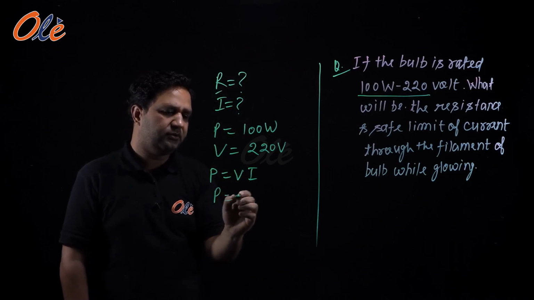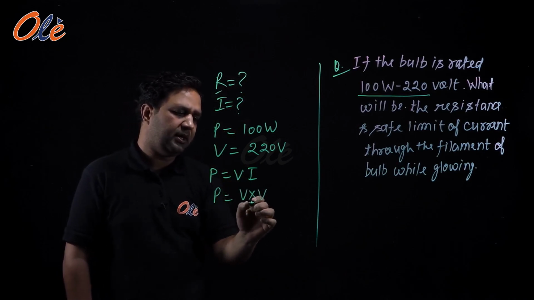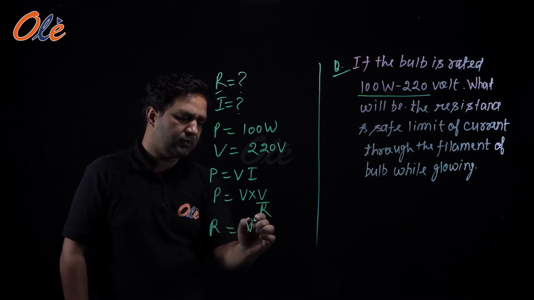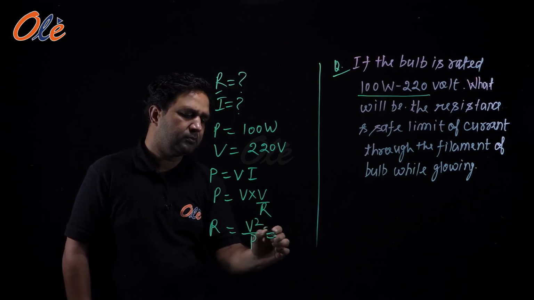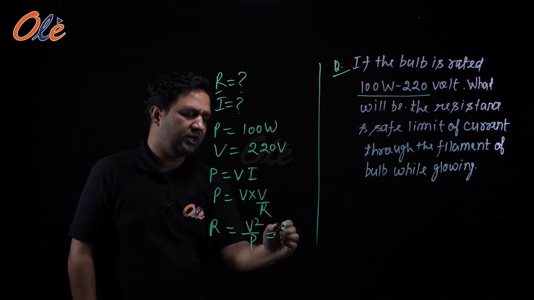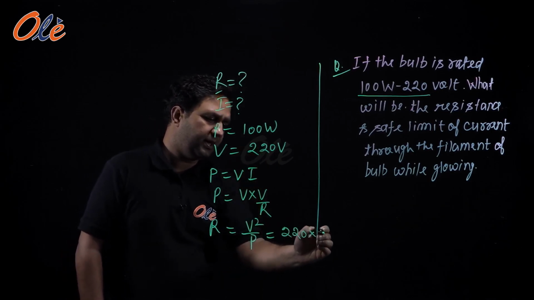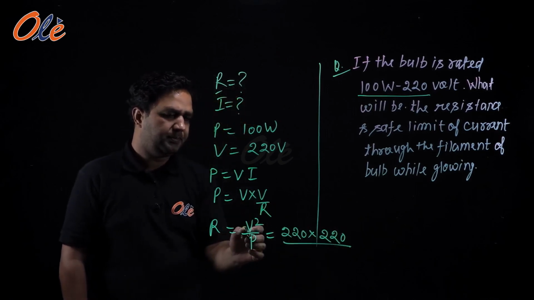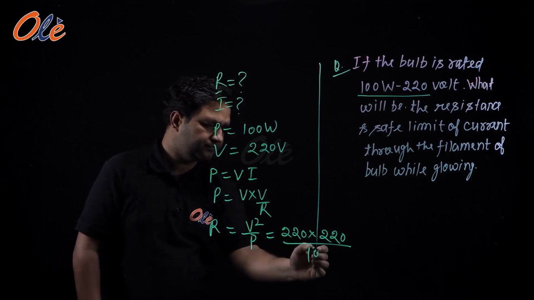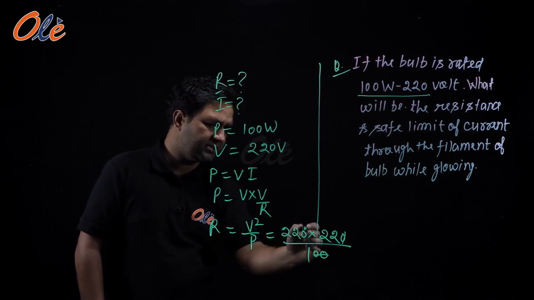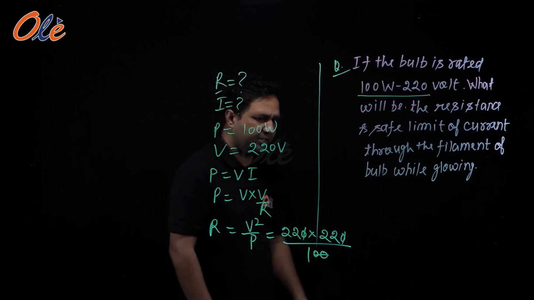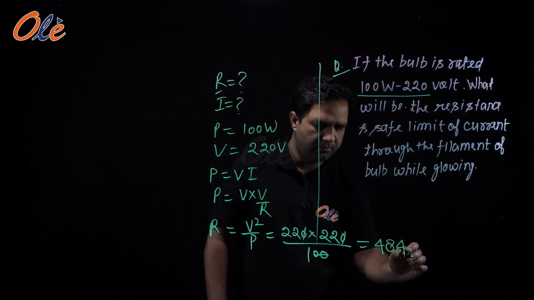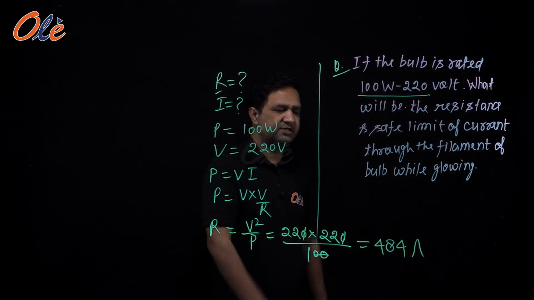So P is equal to V into V by R. So R is equal to V square upon P. What is V square? 220 multiplied by 220 upon P. What is P? 100. These 0s will be cancelled out. 22 multiplied by 22 will be 484 ohm. This will be the resistance.